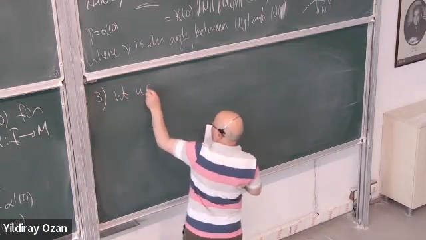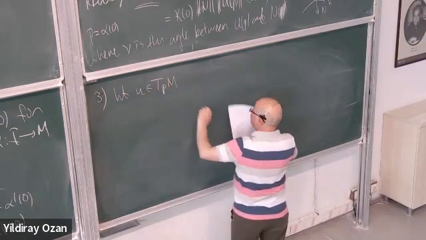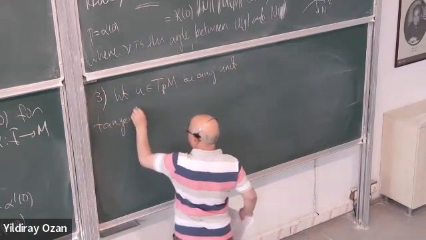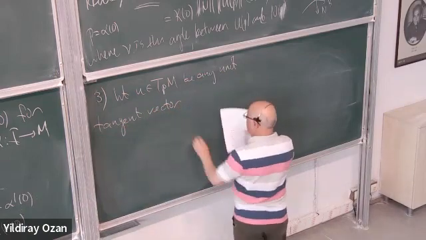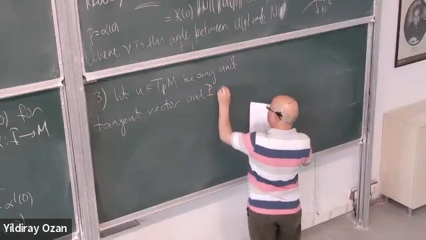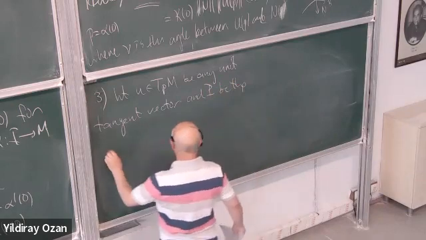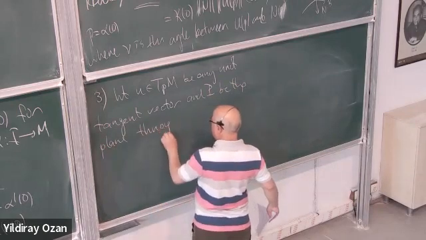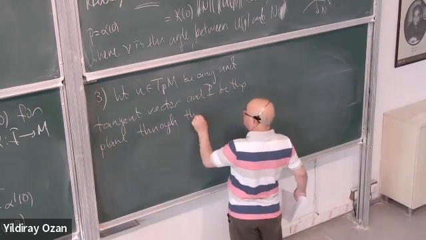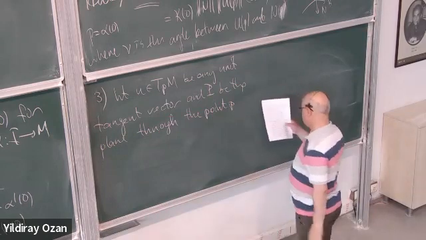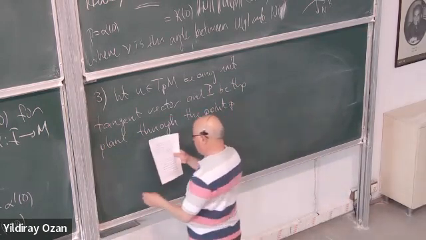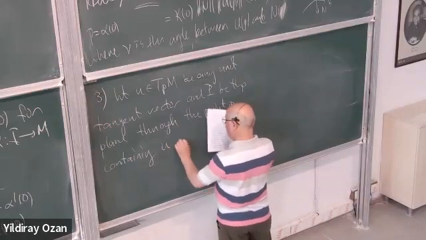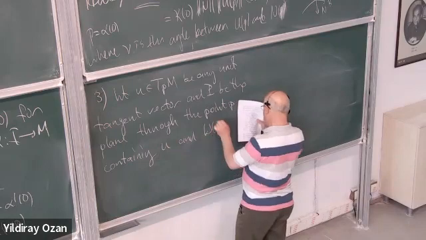Let U be any unit tangent vector, and let P be the plane through the point P containing U, the vector U, and the normal vector of the surface M.